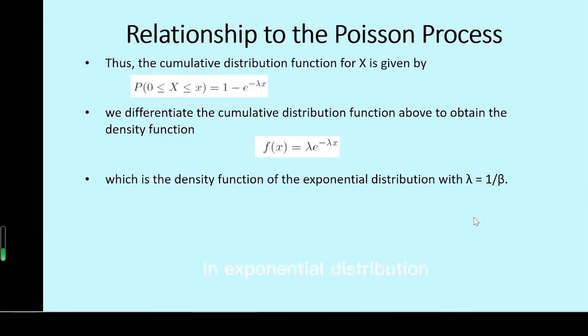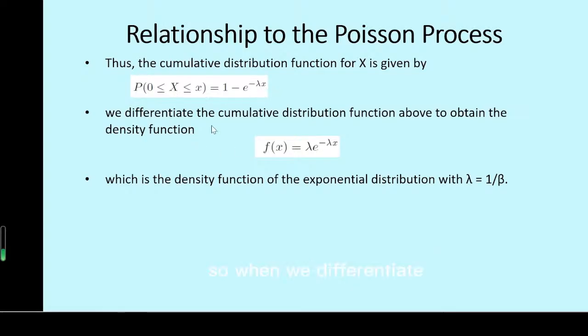And for the exponential distribution, the cumulative distribution function for x is 1 minus e to the power of minus lambda x. From the previous page, the probability of X between 0 and x, which means an event occurs before time x, is the probability of events occurring within the time interval of x. So this probability is 1 minus e to the power of minus lambda x.